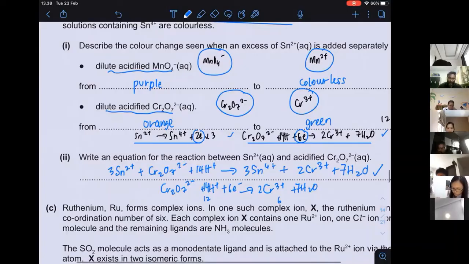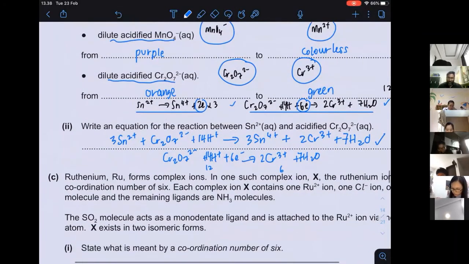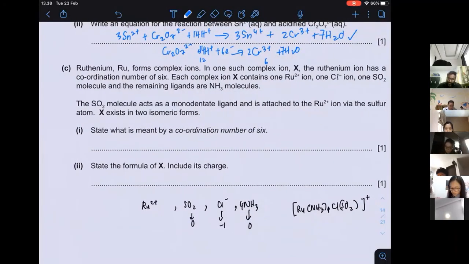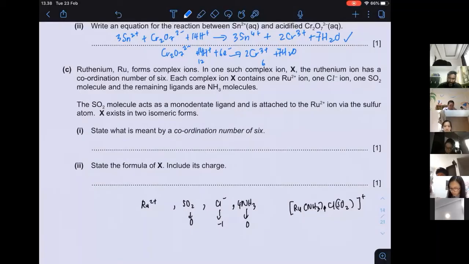Now, ruthenium forms complex ions. In one such complex ion, X, the ruthenium ion has a coordination number of 6. Each has Ru2+, a Cl- ion and one SO2 molecule. They already give you a hint over there: this is a molecule, so it's a neutral molecule. And the remaining ligands are ammonia, which is also a neutral molecule.